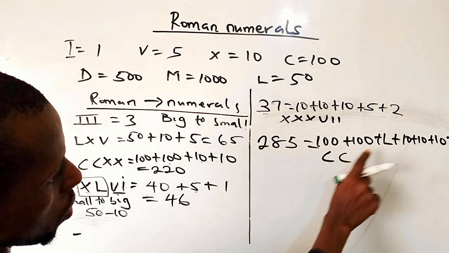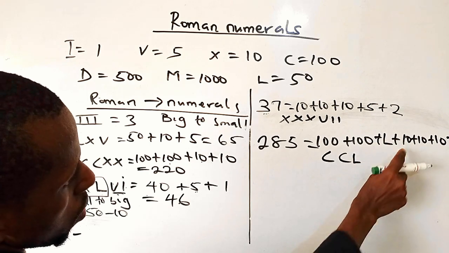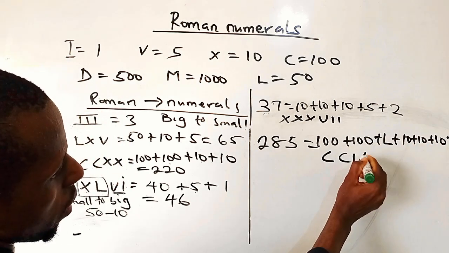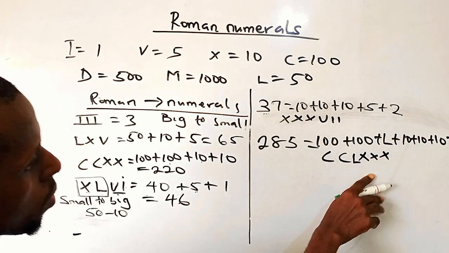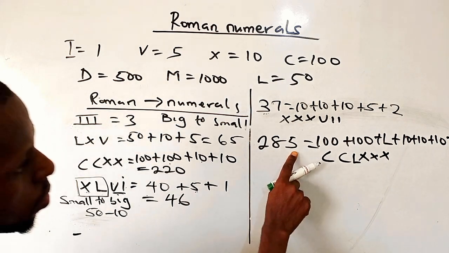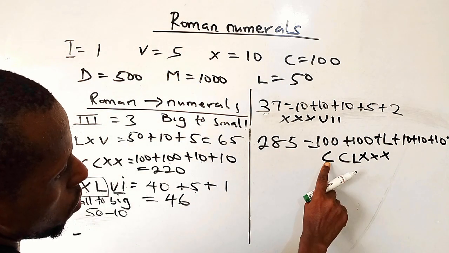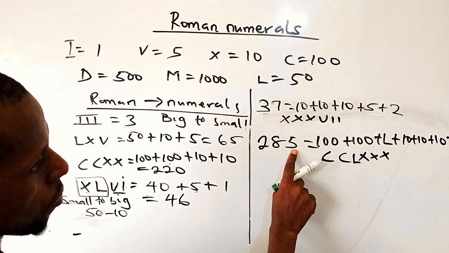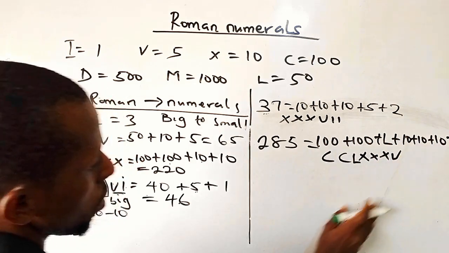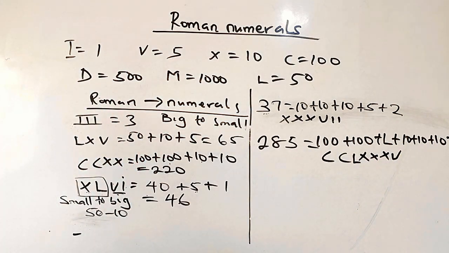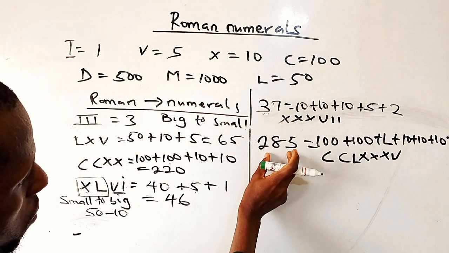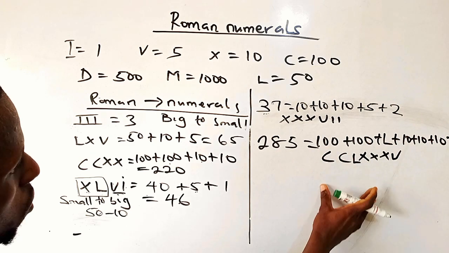For 80, I have it as 50 plus 30, that is LXXX. For my 5, I have V. So you have taken it from a number to Roman numerals.